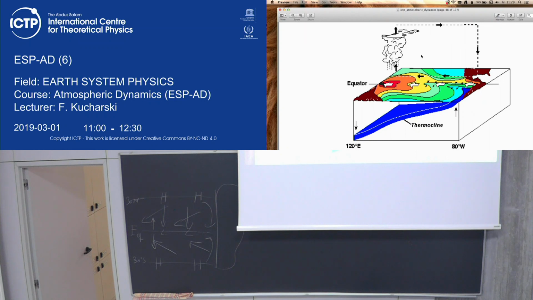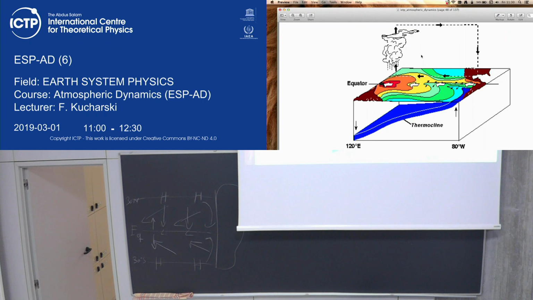And then the water is replaced in the east by cooler water, either from the northern and southern latitudes, and in particular from below the surface, upwelling of cold water, and is pushed over. And so most of the convection will take place where we have the warm waters, because the air is more unstable, and then it's sinking in the Eastern Pacific.